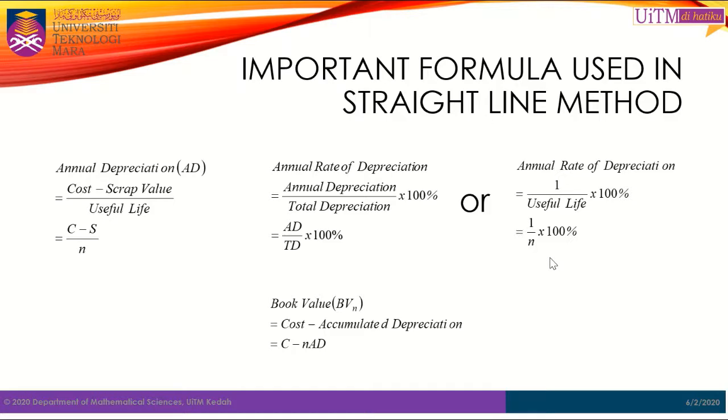In our example in the previous slide's diagram, you have 1 divided by 9 multiplied by 100%, so you get a depreciation rate of 11.11%. If you multiply the rate with the total cost of 25,000, you get the annual depreciation.